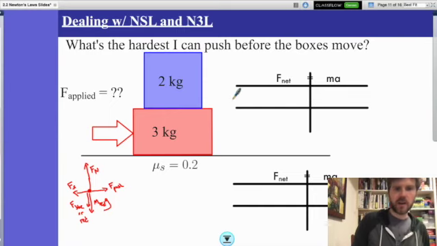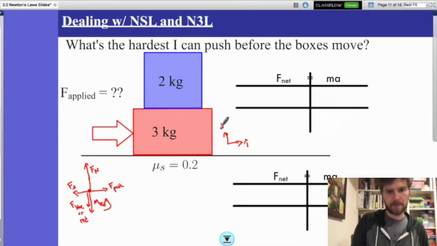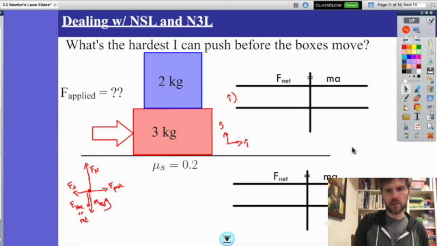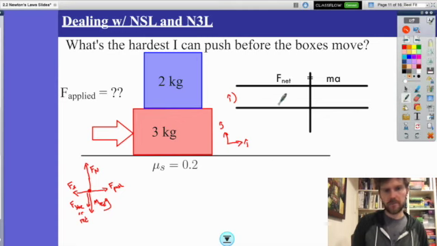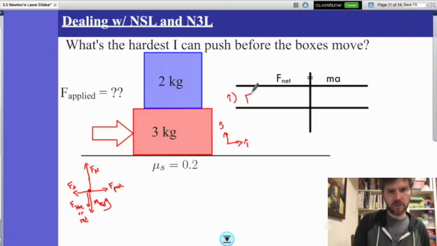So if I write my equations for the red box, in the i-hat direction, so let me get rid of this other table for the moment. In my i-hat direction, I've got F push minus Fs. Now, you might ask, what is this going to be equal to?